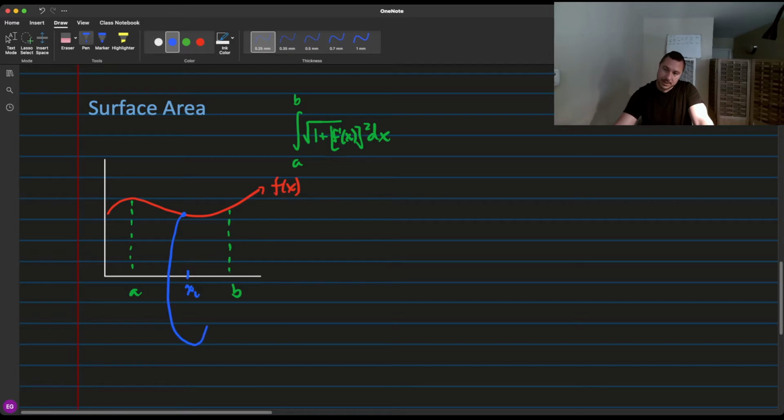Now, if you want to rotate that around, like let's choose some point right here, xi, and you rotate that around, you get a length, which is going to be 2 pi times the radius. So it becomes natural to realize that the surface area is going to have a very similar formula to the arc length.